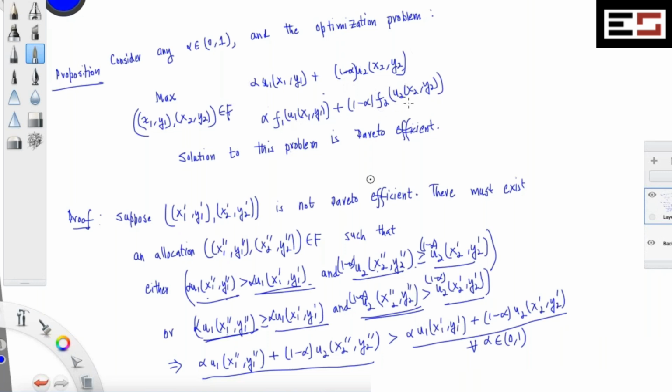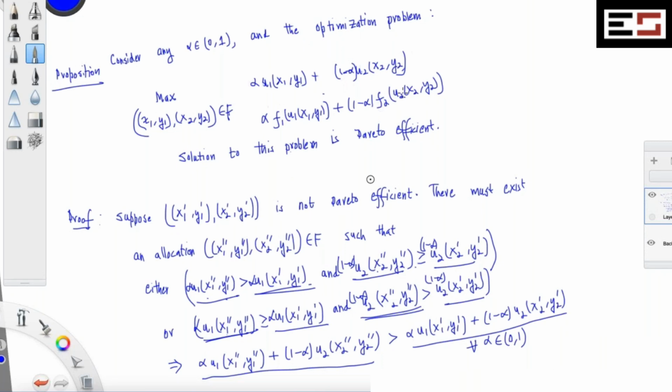That will give you access to even more efficient allocations. Because the solution to this problem, if f1 and f2 are strictly increasing, will also be a Pareto efficient allocation. And the proof is just identical. You just have to replace u1 by f1 of u1 and u2 by f2 of u2. That's all that you have to do, and the entire proof goes through.